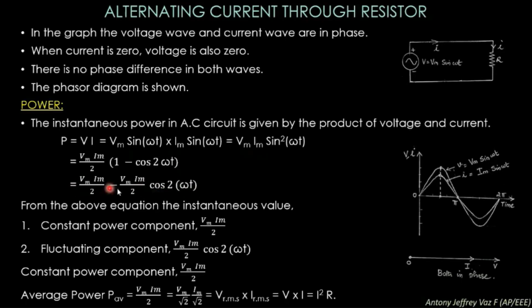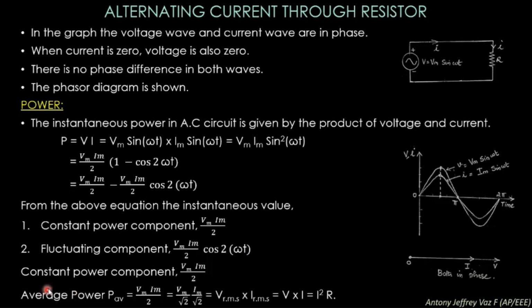Then the power equation will be like this. From the above equation, the instantaneous value of power can be found. The constant power component present in the alternating quantity is Vm Im by 2, whereas the fluctuating power component present in the sinusoidal waveform is Vm Im by 2 cos 2 omega t.